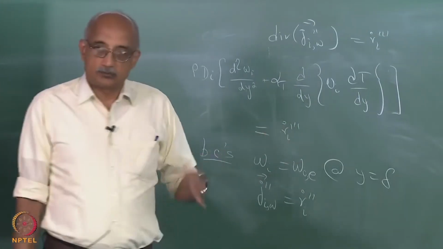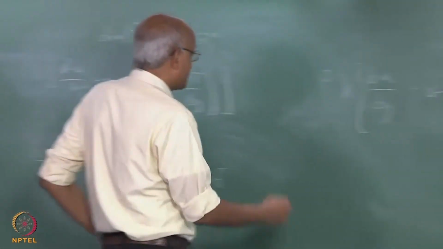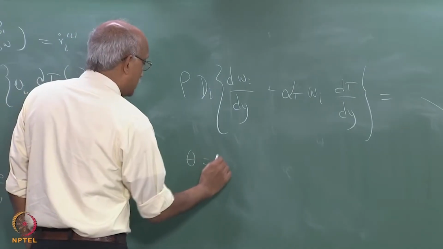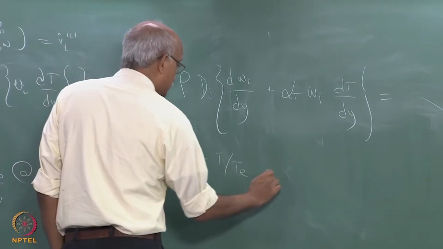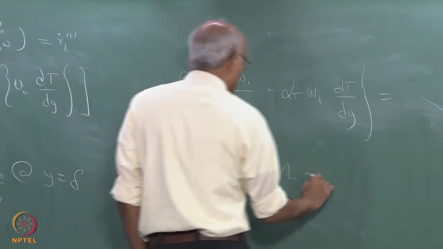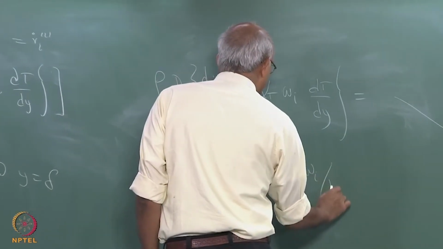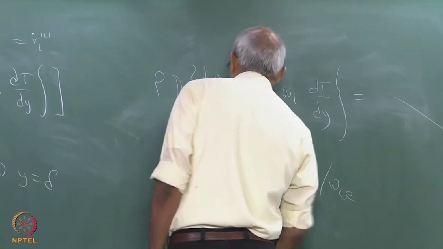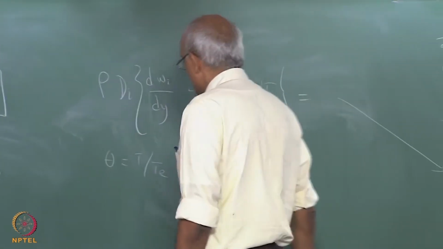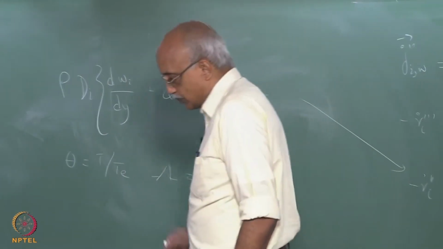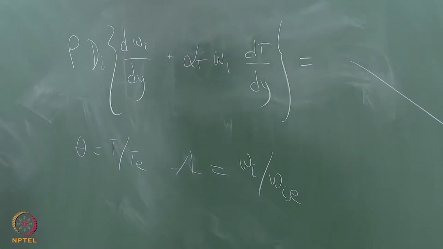Now, you can do non-dimensionalization, you can write theta equals T by T e, you can write some capital omega equals omega I over omega I e, and you can reformulate the equations.